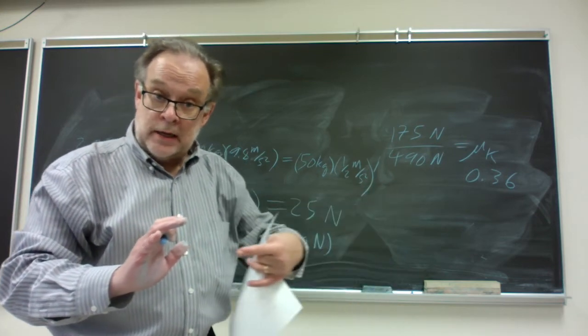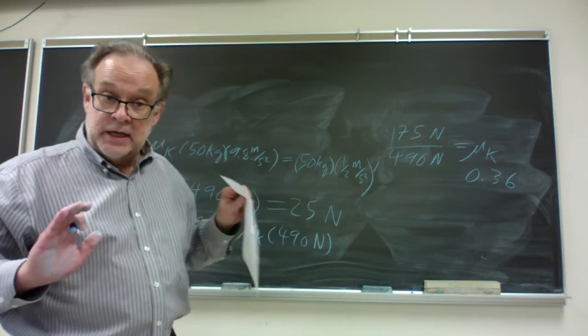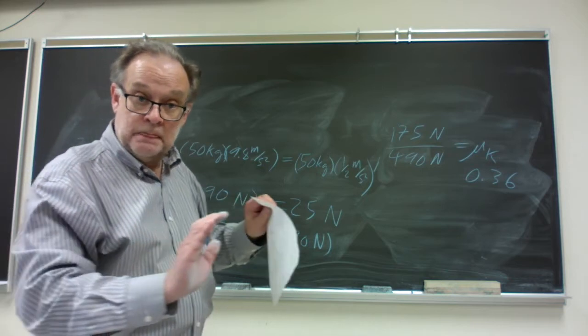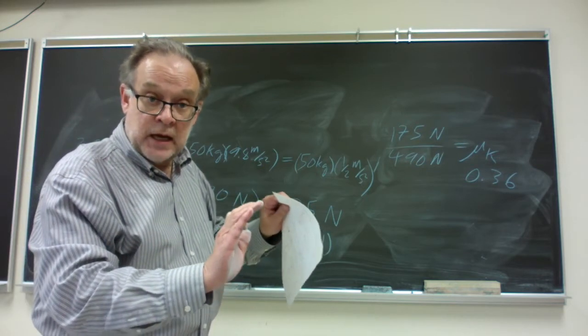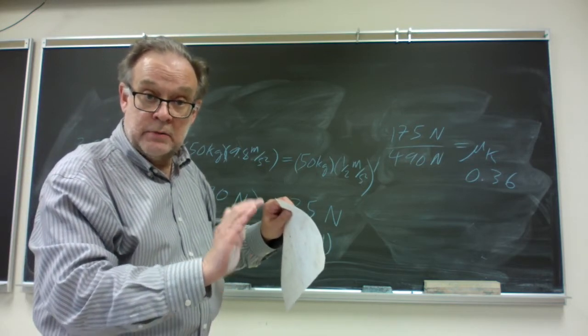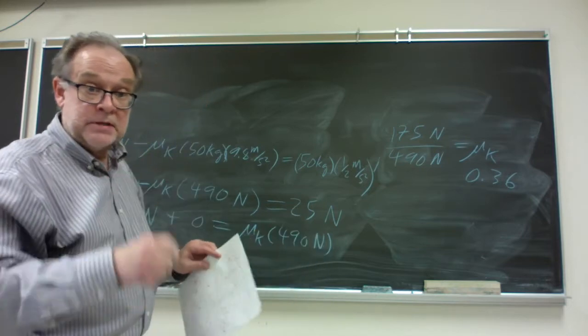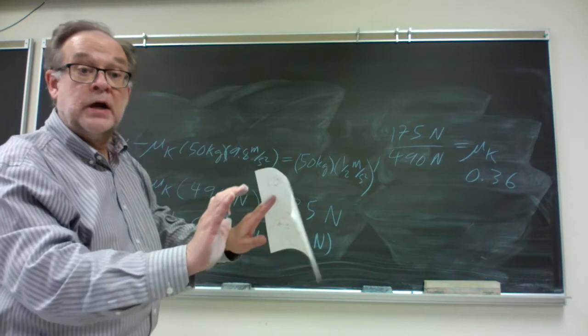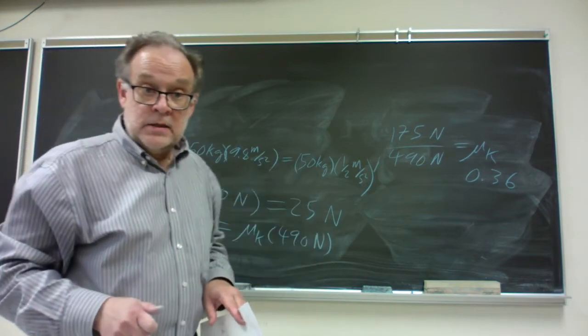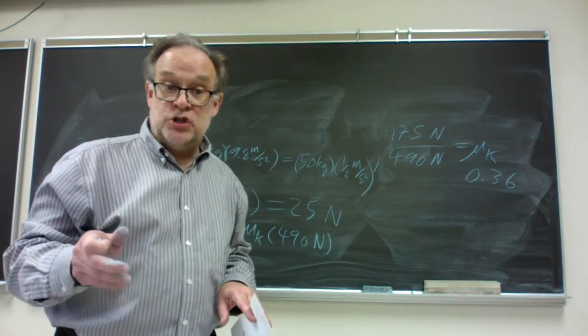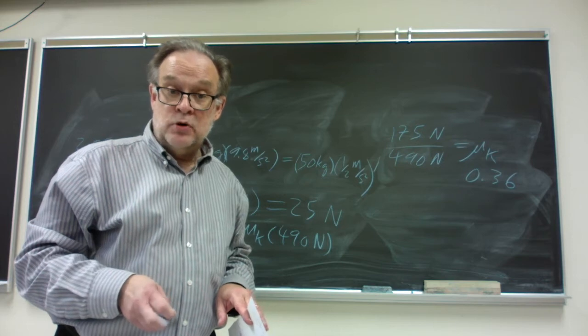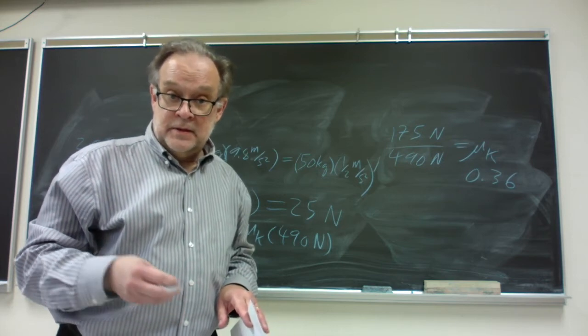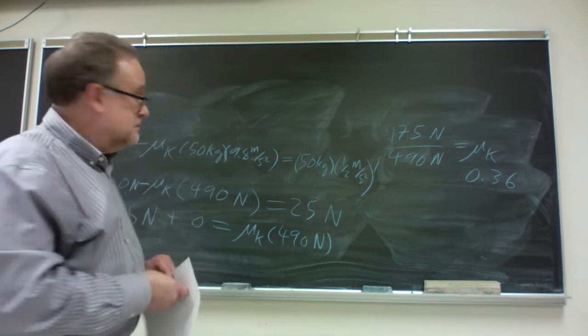I push a little harder, and it still doesn't move because static friction can still adjust and be strong enough to cancel out my stronger push. But I get to the point where I finally push hard enough that static friction cannot match my push, and then the crate starts to accelerate.